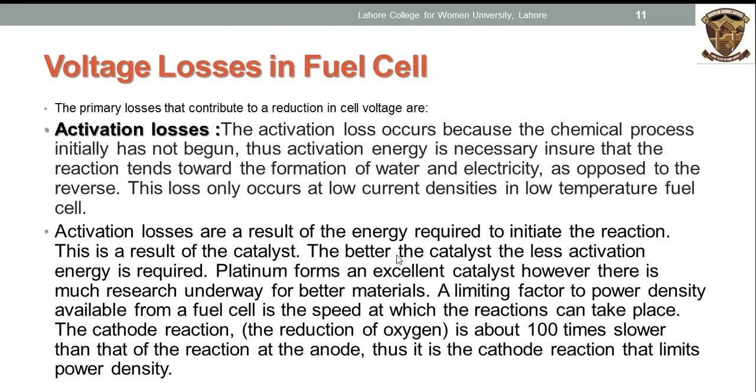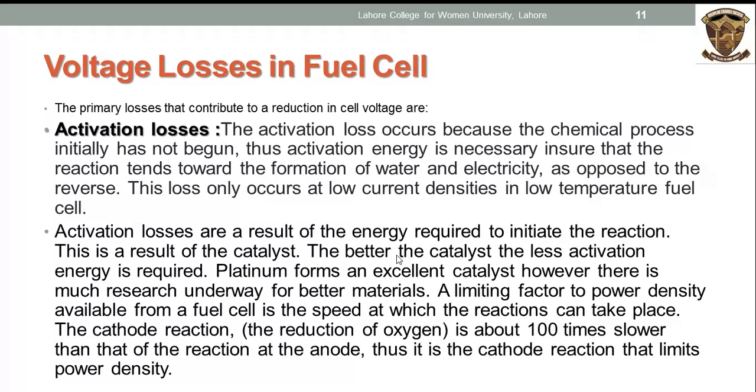Activation losses are a result of the energy required to initiate the reaction. This is a result of the catalyst. The better the catalyst, the less activation energy is required. Platinum forms an excellent catalyst. However, there is much research underway for better materials, I mean cheaper also.